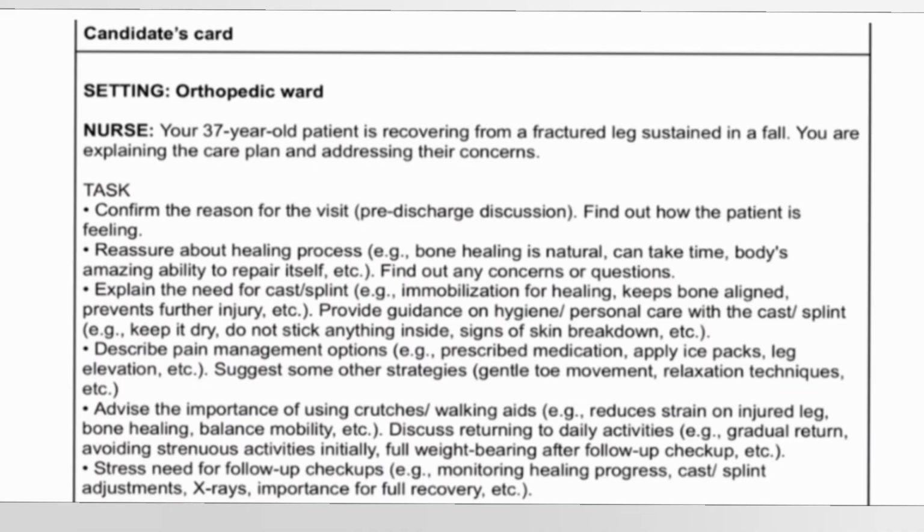First of all, we have to give our self-introduction, like myself Raman Gill, one of the registered nurses working in this orthopedic ward. So friends, always use the proper, full setting. Speak the full setting like this orthopedic ward. Don't say that I am a registered nurse working in this ward.